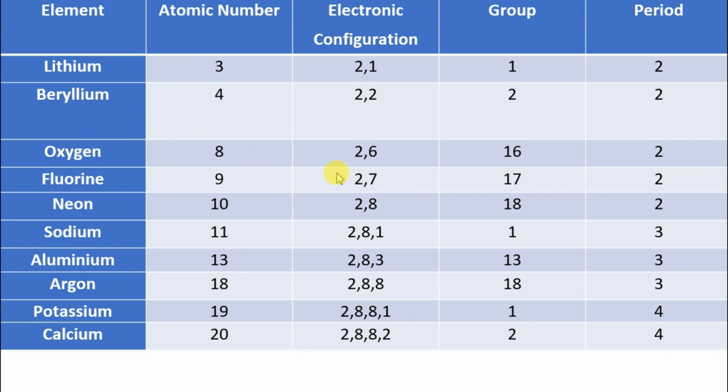If I look at oxygen, electronic configuration 2,6, period 2. Sodium, electronic configuration 2,8,1, period 3. Calcium, electronic configuration 2,8,8,2, period 4. The period number corresponds to the number of occupied shells.